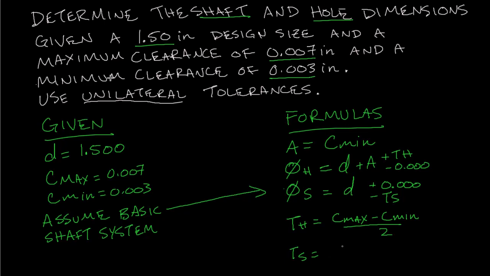It's going to be negative though: the maximum clearance minus the minimum clearance over 2. Then I'll just put brackets around this, to make sure that this negative applies to the whole formula.